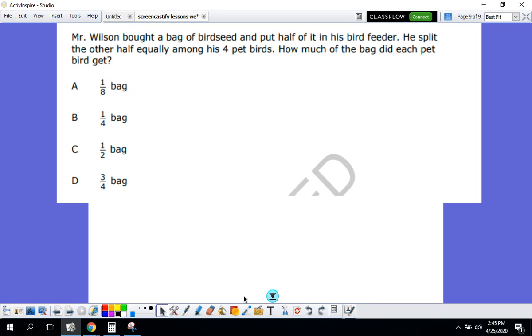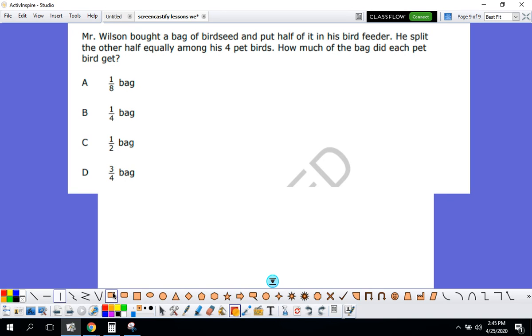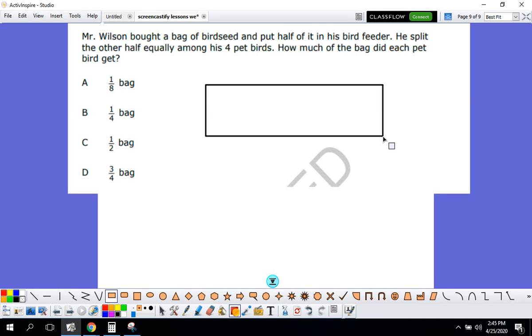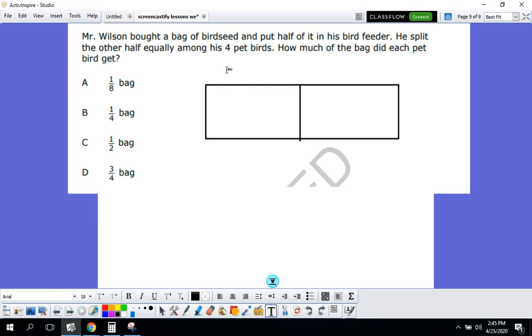There's a lot going on here, so I'm going to again start a model to make sure I can see what's happening. So there is his bag of bird seed. Okay, he put half of it in his bird feeder, so I need to go ahead and split this in half. And I'll go ahead and put here, this went in the bird feeder.